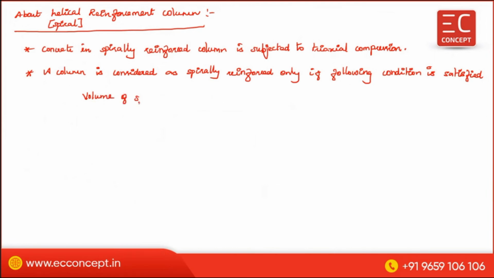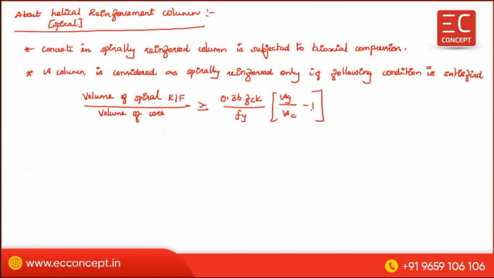Volume of spiral reinforcement divided by volume of core is greater than or equal to 0.36 fck divided by fy into (Ag divided by Ac minus 1).